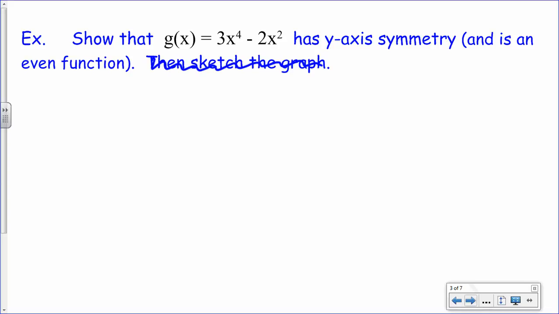So to show that it's an even function, I have to show that g of negative x equals g of x. So let's plug that in. Plug in negative x.